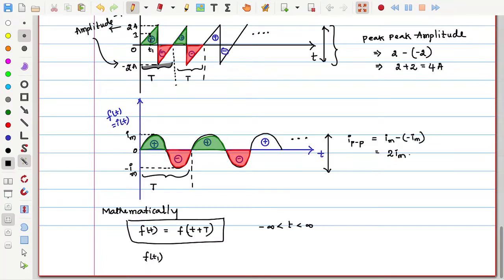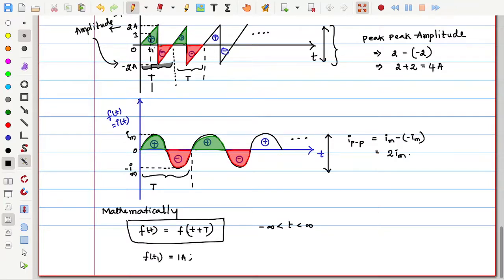Then after how much time interval am I getting the same f of T1 value again? What is f of T1? 1 ampere. Now see, after T1, if I add capital T to T1, how much does it move forward?